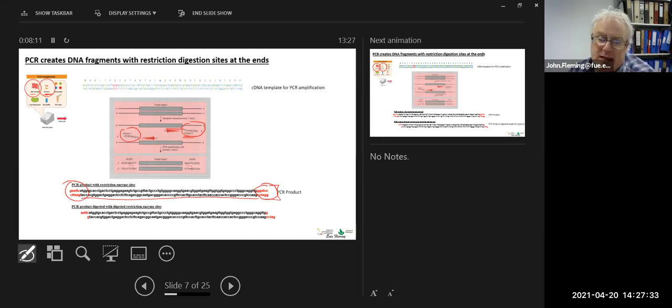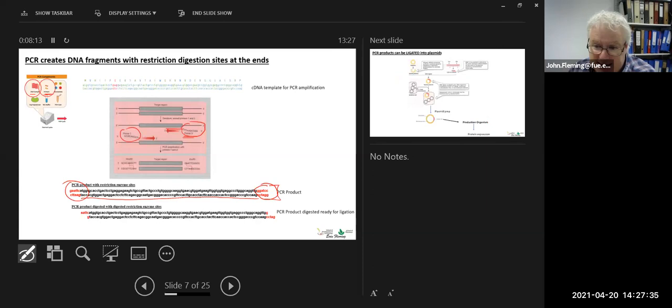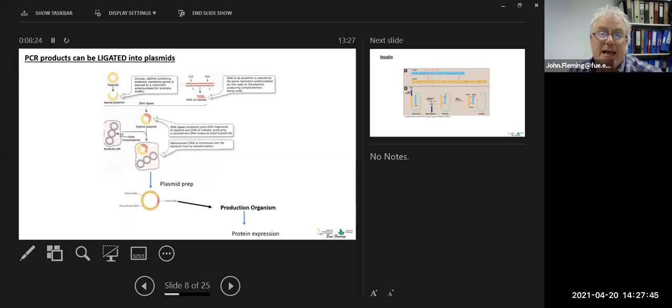This can then be digested by restriction enzymes, and now it has these nice complementary cohesive end hooks that I spoke about last week that allow for cloning into a plasmid. So here we have our PCR product. Here we have a digested PCR product. Here we have the digested plasmid.